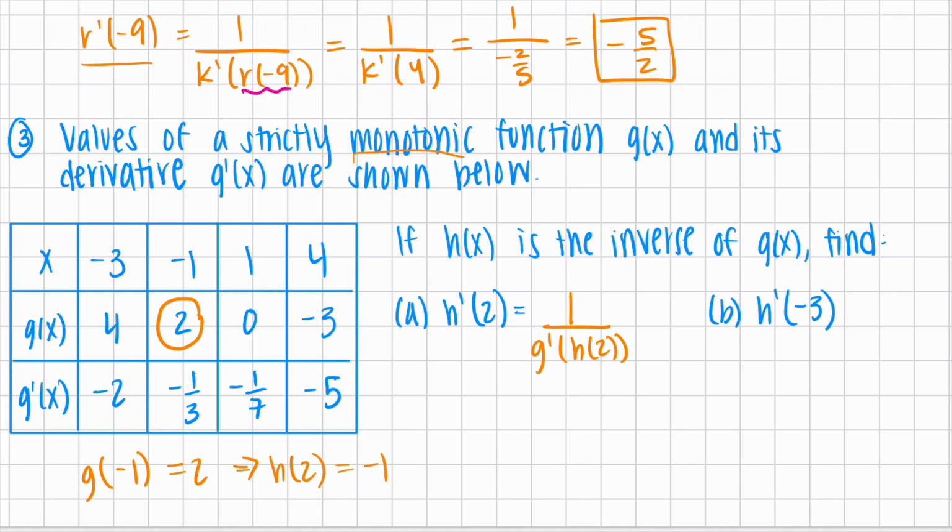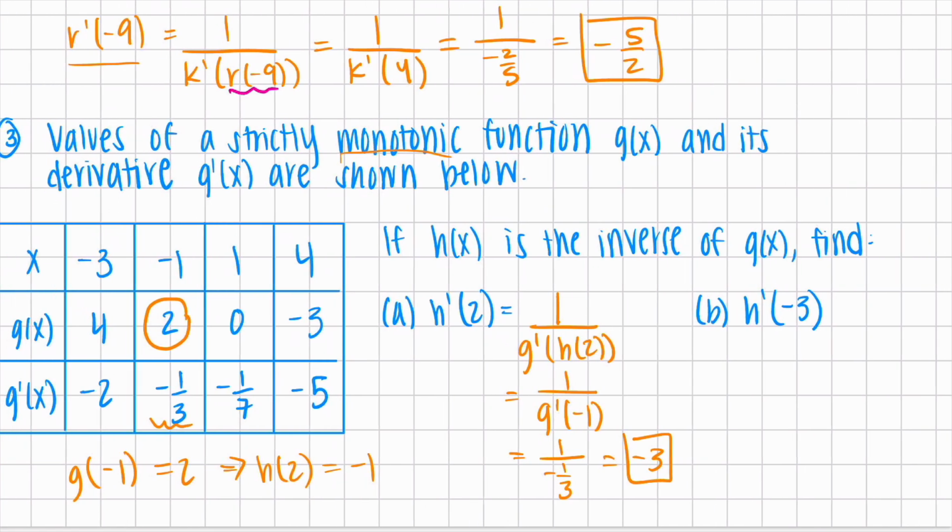So I'm going to plug -1 in for h of 2. My last step is I want g prime of -1. That's going to be this -1/3. So I get 1 over -1/3. Simplify that, and we get -3.